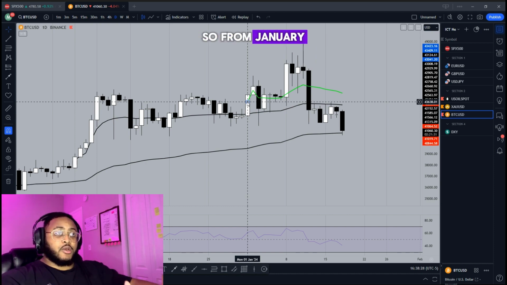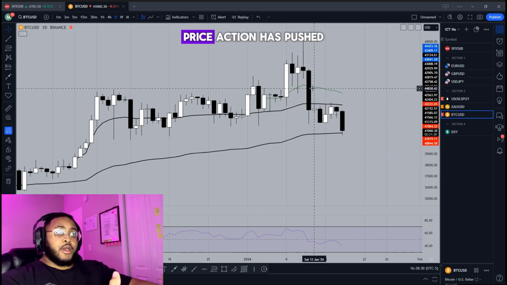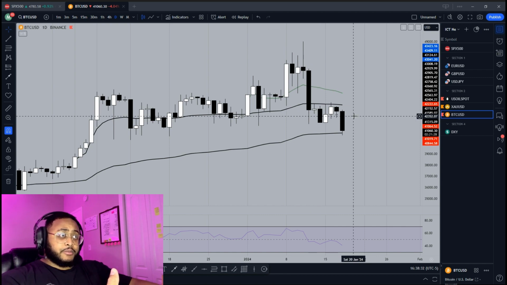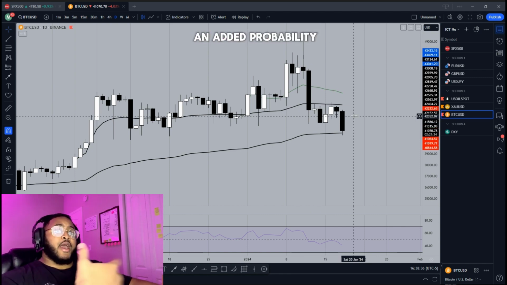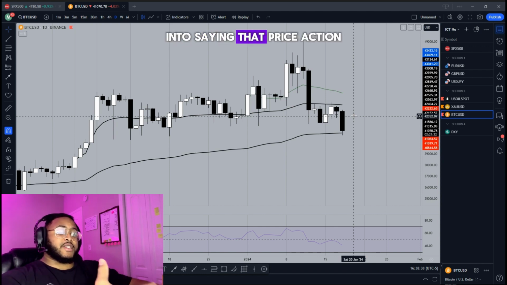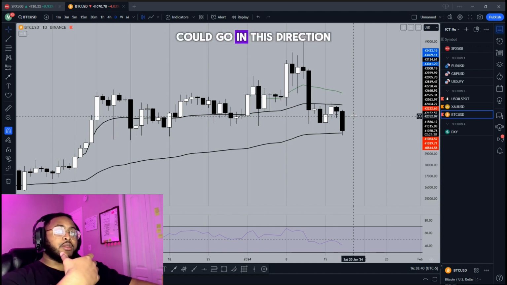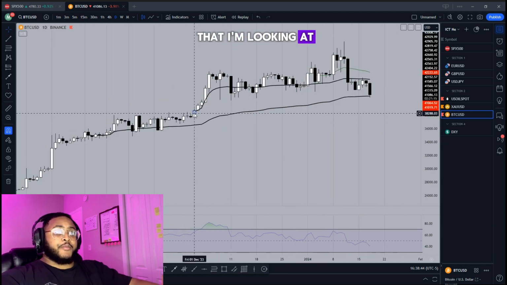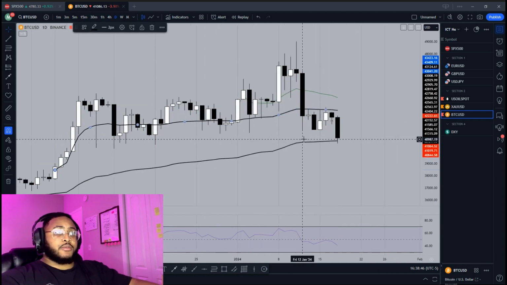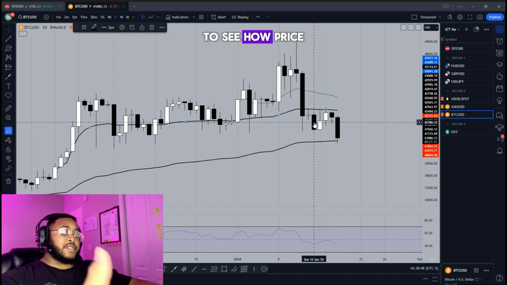From January's, this month's anchor VWAP, price action has pushed under it. So at this point, that's a confluence, or an added probability, into saying that price action could go in this direction. So the next thing that I'm looking at is December's monthly anchor VWAP to see how price action is responding to that one.